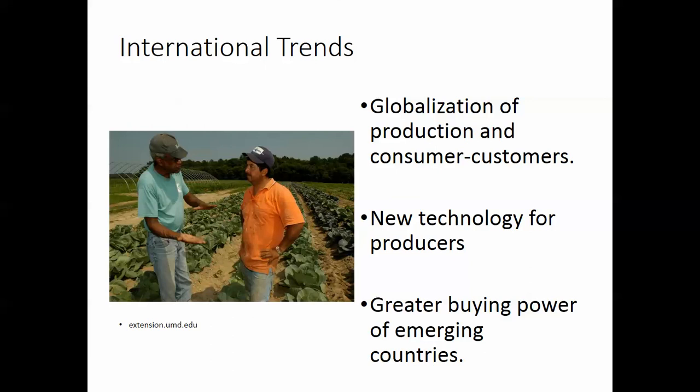Farmers in unindustrialized nations are gaining access to some of our technology. In emerging countries, even if they're not producing food, they are starting to produce other types of products, which means that they now have the money to buy our food. So many of the countries around the world are becoming a major player, maybe not only in producing food, but certainly in consuming food products grown around the world.